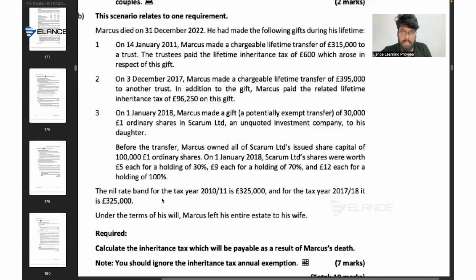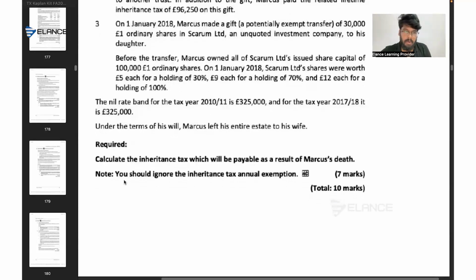The nil rate bands are already given from 2010 to 2018. The nil rate band is 325,000. We can use the annual exemption on a PET also, but in the note they mention that you should ignore the inheritance tax annual exemption. That's why we are not using the annual exemption.